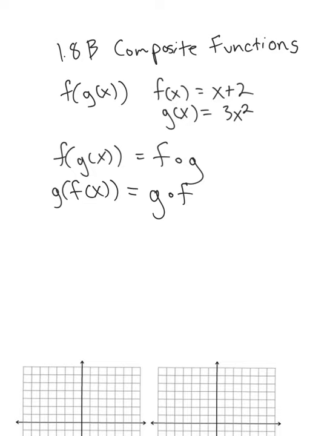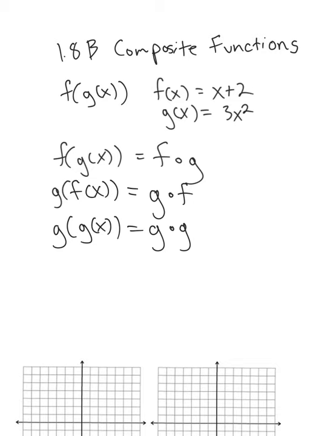And then finally, what if you have g of g of x? Well, that is just written g of g. Let's go and see what some of this could look like.